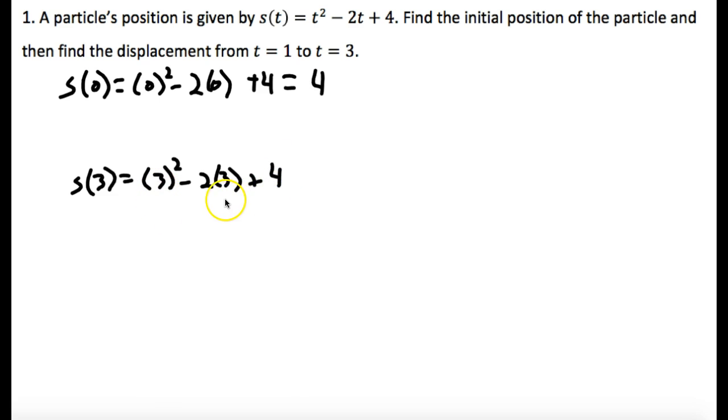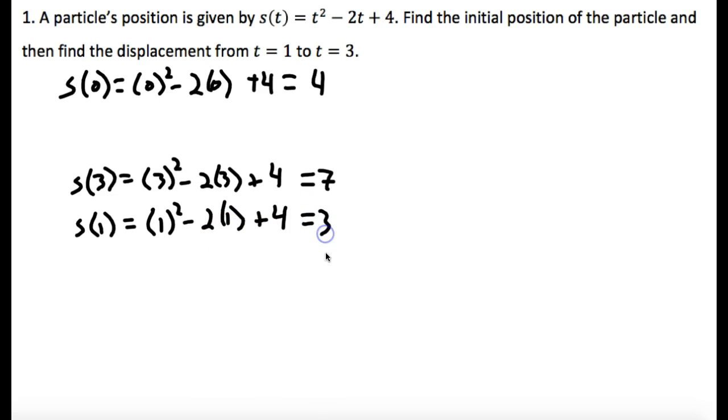So that's 9 minus 6 is 3 plus 4 is 7. Then I will also need s of 1. So that will be 1 squared minus 2 times 1 plus 4. So 1 minus 2 is negative 1 plus 4 is 3.